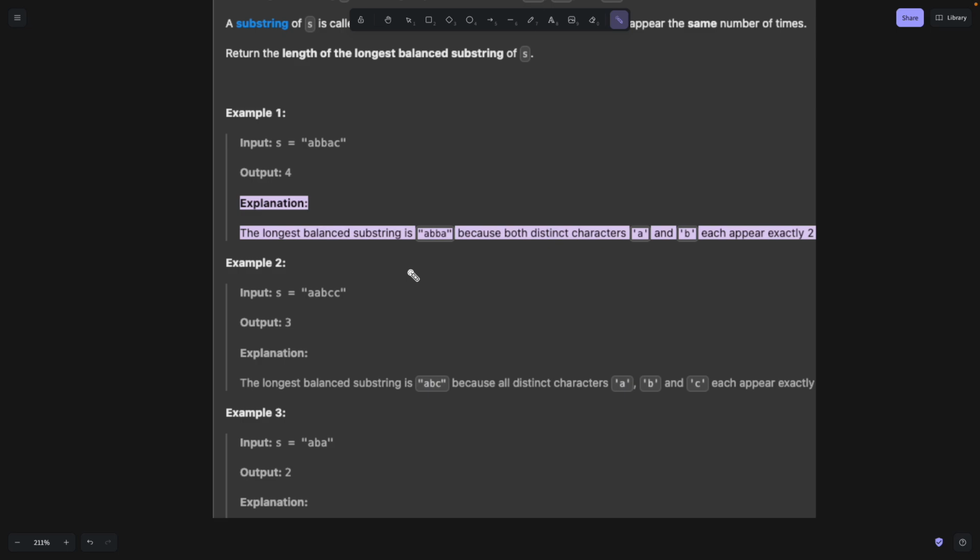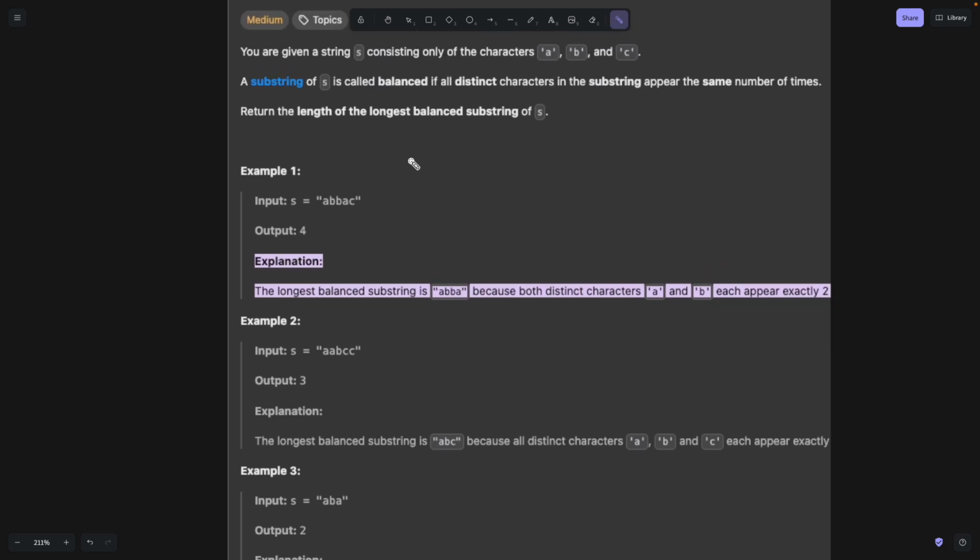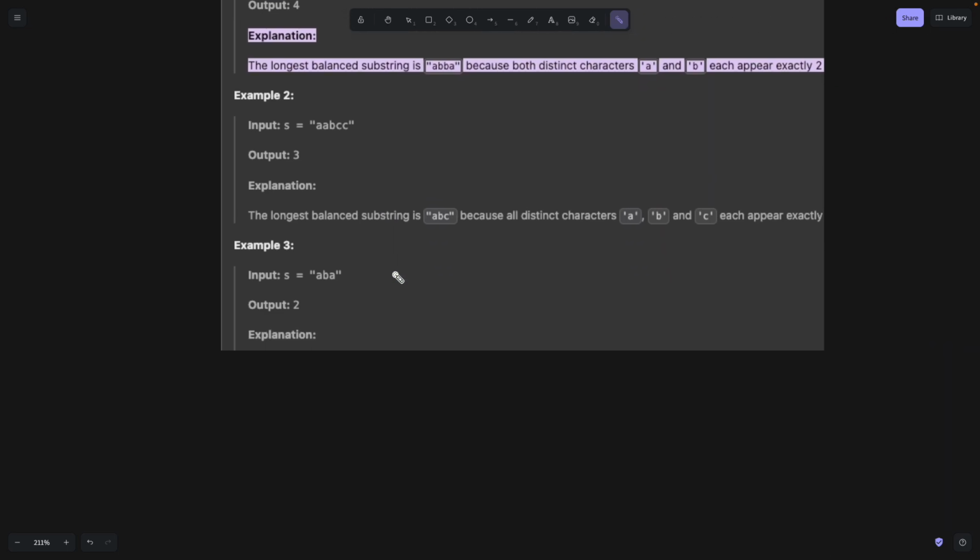One possible brute force solution would be to try each substring and count the number of distinct characters. If the count of each character is equal, then that is a balanced substring and we can maximize on top of that.